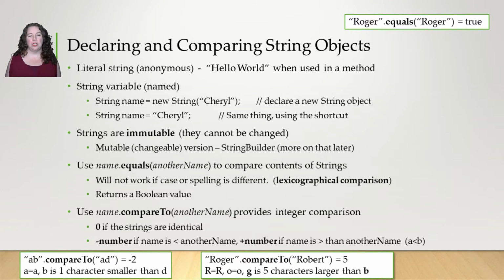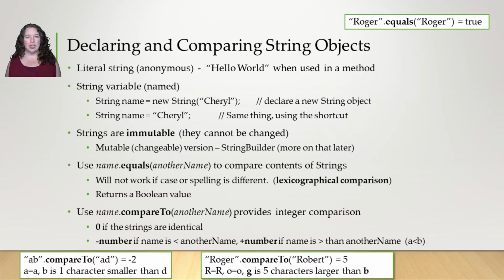If you were to compare AB and AD, you would get a -2, because the difference between the D and the B is 2 spaces. So B is 2 spaces different than D, and therefore you would get a -2. Same direction if we went with Roger and Robert: the R and the O are the same, but the G and the B is a +5 difference from a B to a G. So we can use compareTo to compare strings and find the integer value, positive or negative, to find out if one is larger than the other.